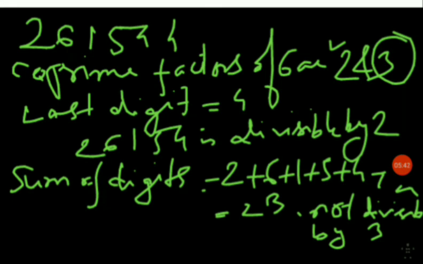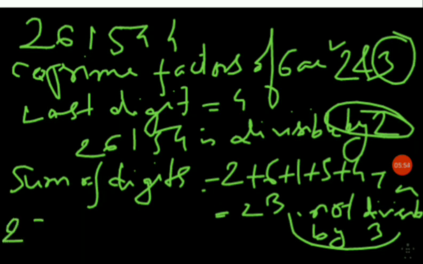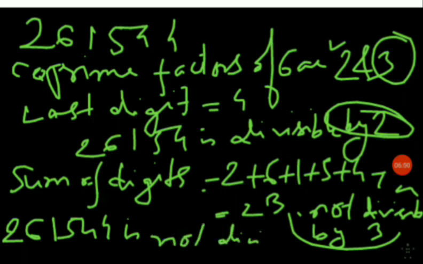The thing is that whenever a number has to be divisible by 6, it has to be divisible by both 2 and 3. In this case, it is divisible by 2 but not by 3. So that means this given number is not divisible by 3. So remember, whenever it has to be divisible by 6, it has to be divisible by both 2 and 3.